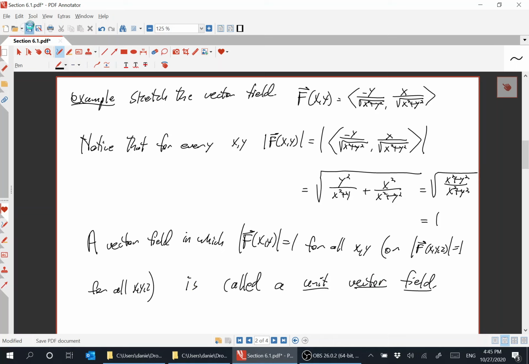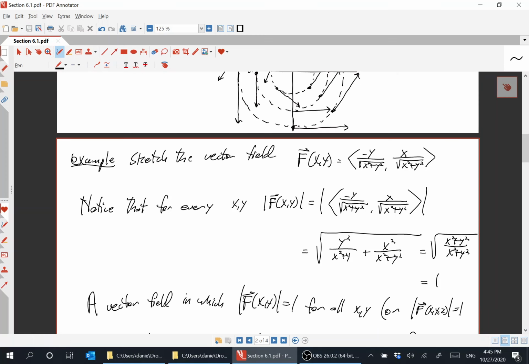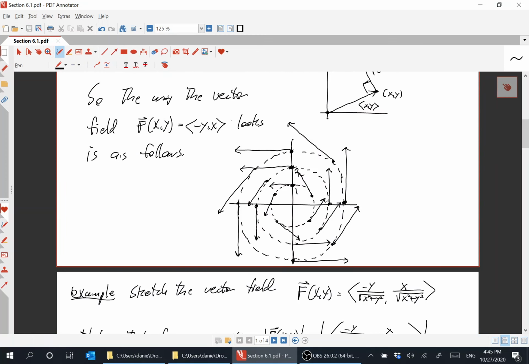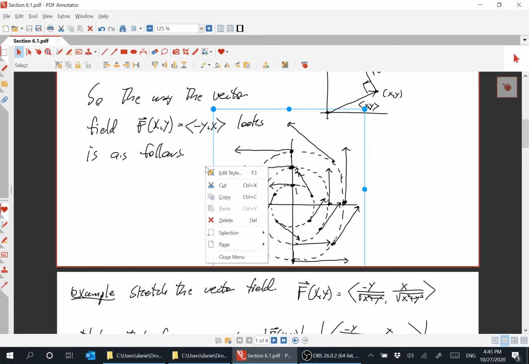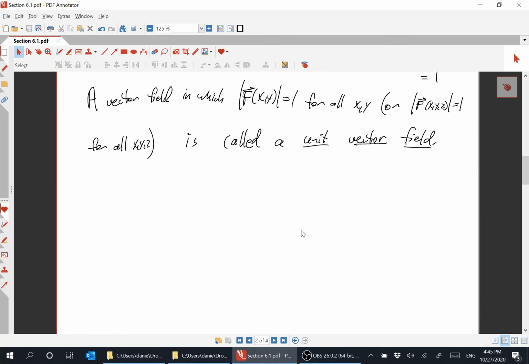And what does this unit vector field look like? Well, the sketch for this unit vector field is the same as the sketch for the previous vector field, except all those vectors shown have length 1.